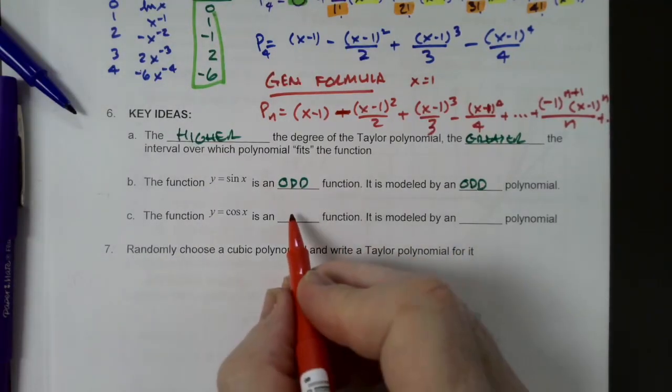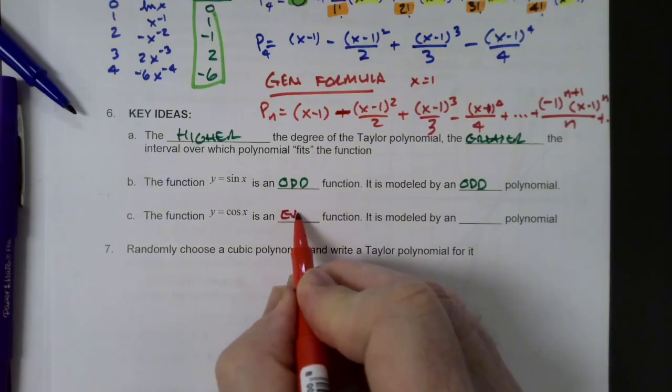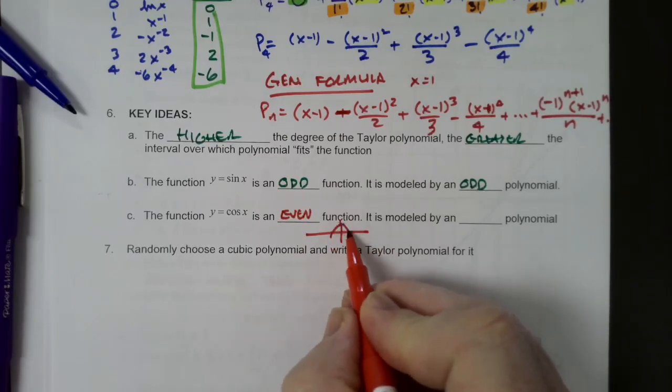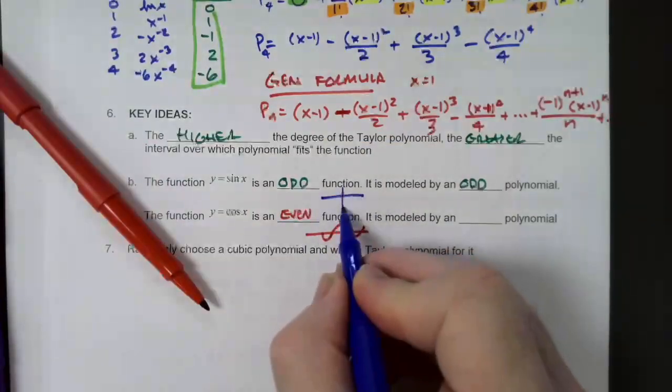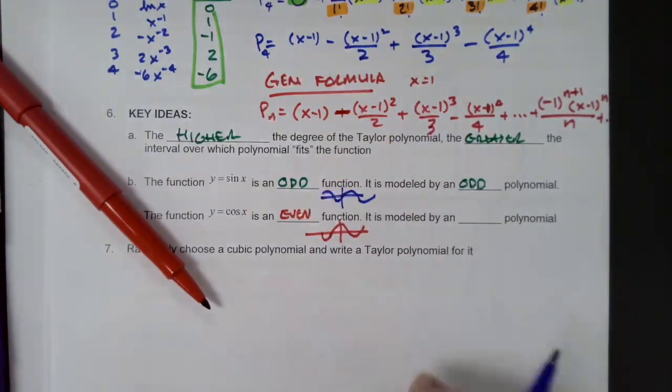And then when we did our cosine, remember cosine is an even function. Remember the idea of cosine being able to be reflected, whereas sine, you had to do a spin to get it.